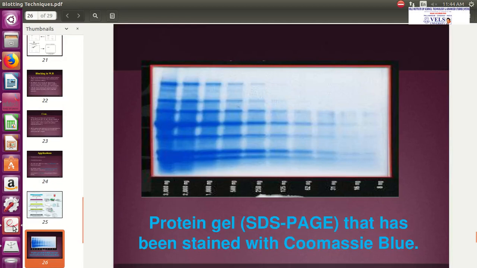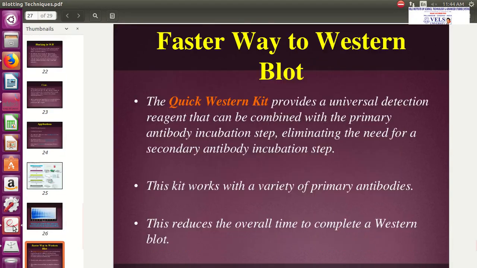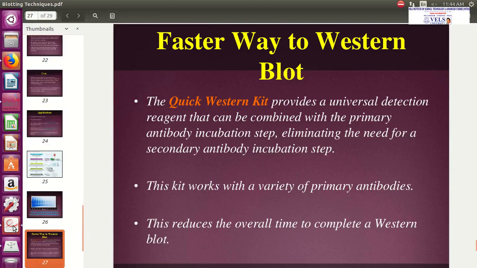Here the protein gel, SDS-PAGE, is commonly used, and the dye used is Coomassie blue. A faster way to do Western blot is the Quick Western kit. It is used to identify the protein easily when compared to normal Western blotting techniques.